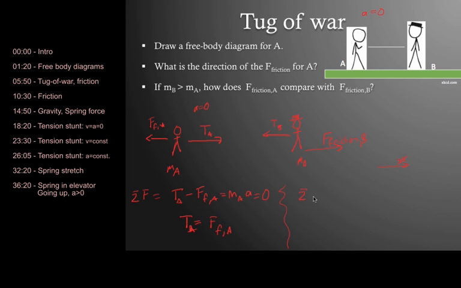So the sum of the forces on this guy is going to be minus TB plus F friction B is equal to mB a, which is 0 also. So here we're going to have FB equal to my tension TB.